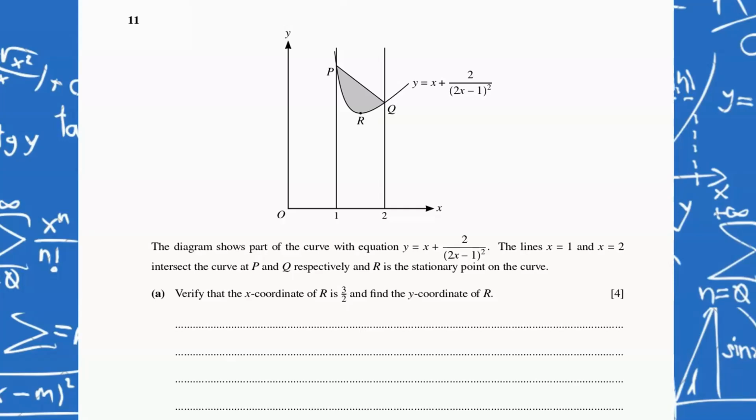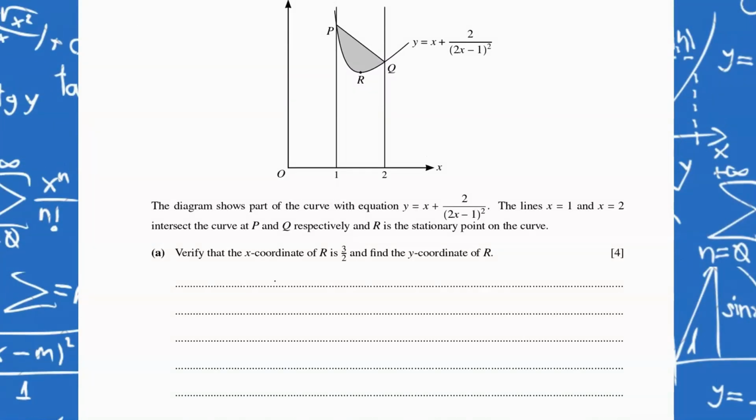So let's do that. Right, so to get the x-coordinate of the stationary point, we are going to do dy by dx. So we're differentiating this function. So differentiating x, we get 1. Differentiating this, all right, we know that this is the same as x plus 2 of (2x minus 1) to the minus 2.